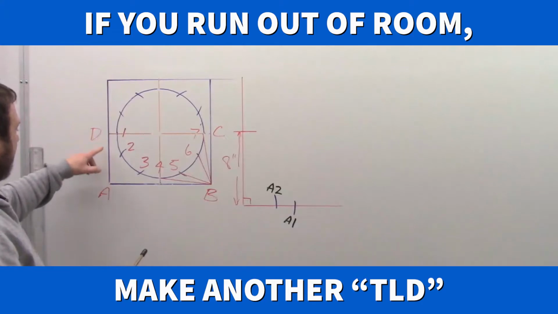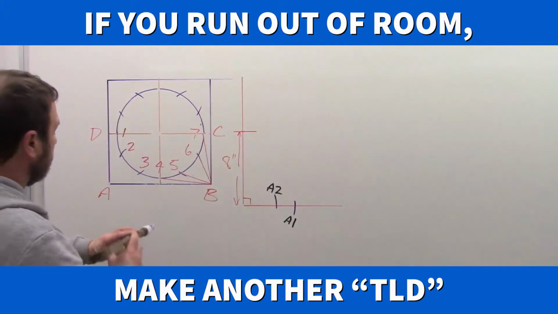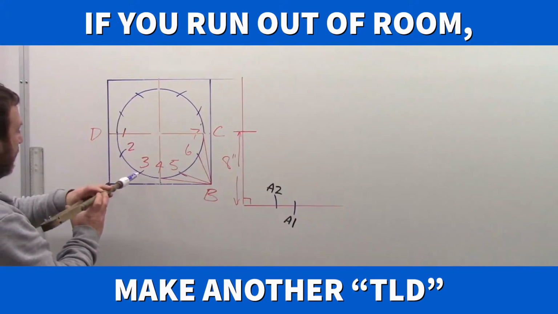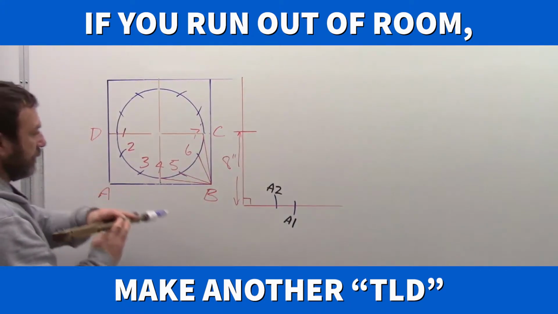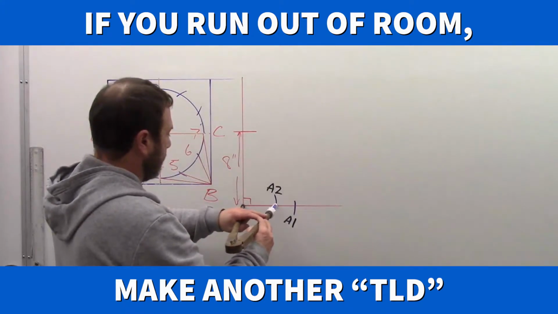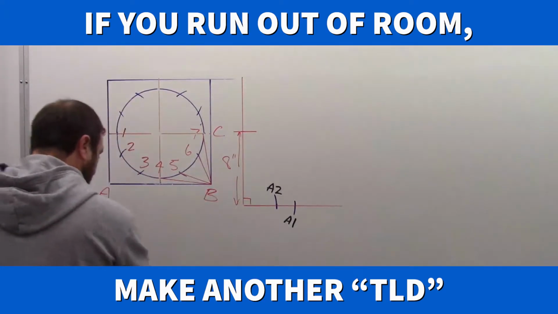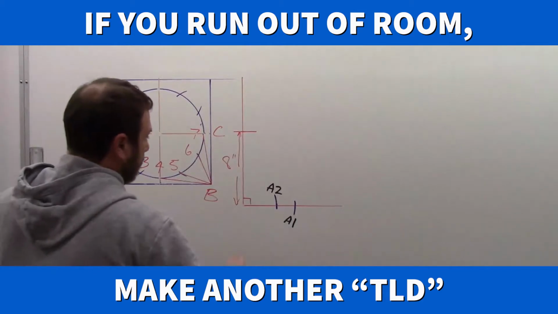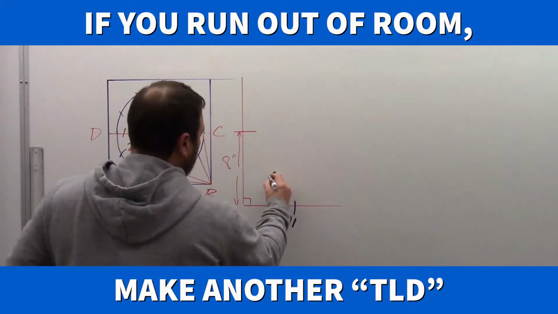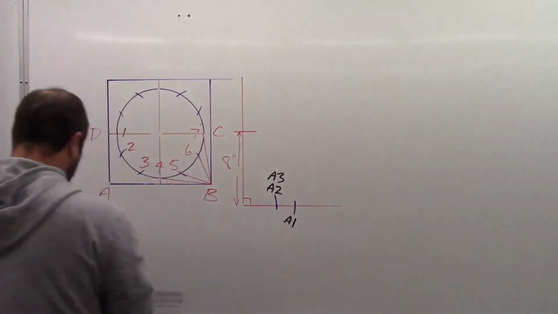So I've got A1, A2 so far. Let's go A3. A3, and that's the same line. And remember, we said we have a line of symmetry, so some of these lines will overlap each other.